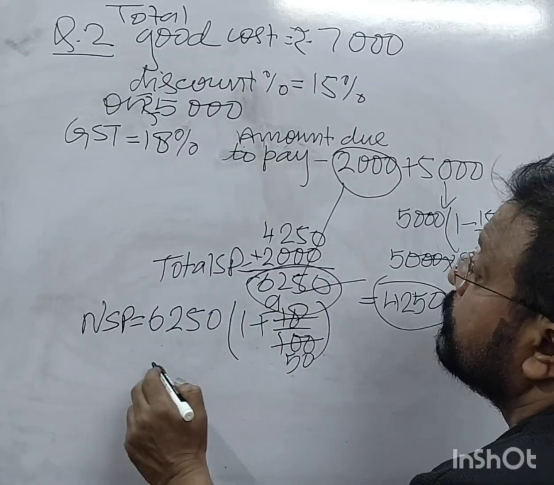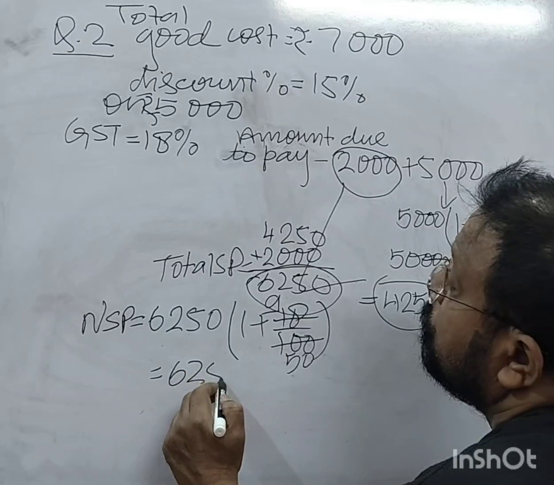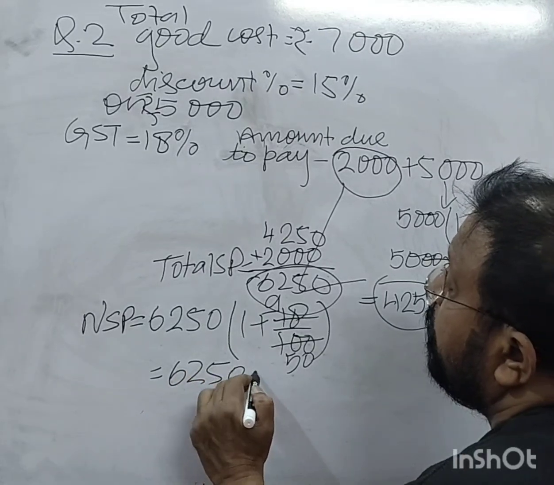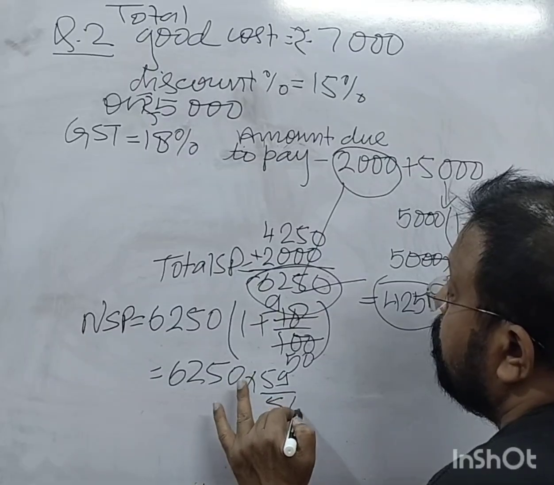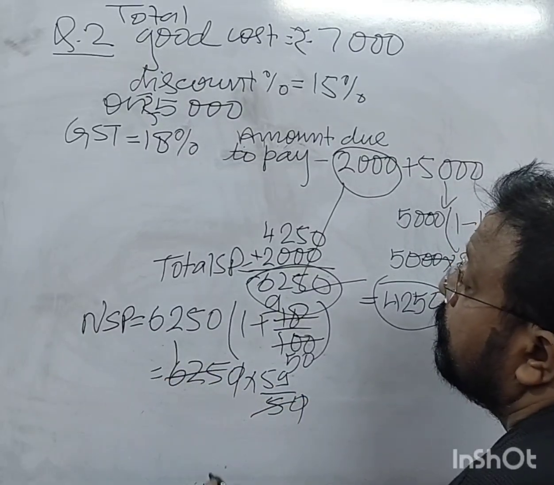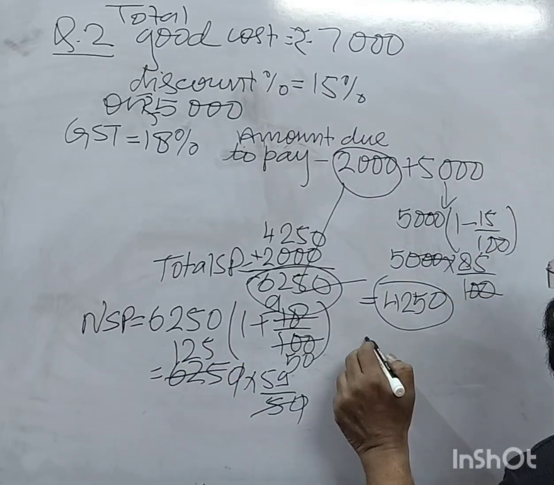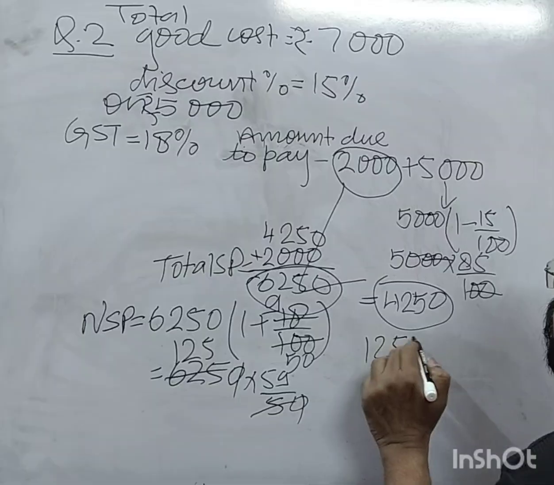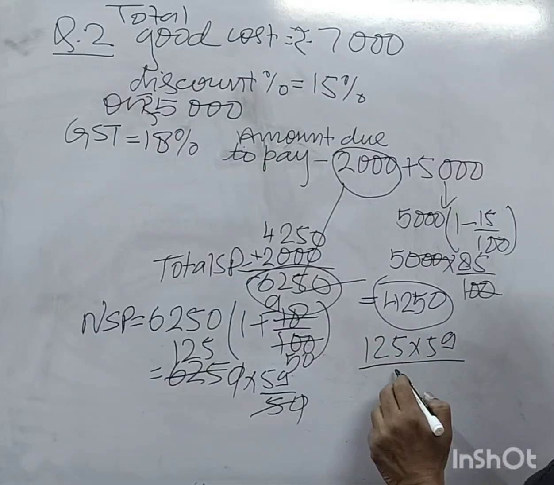So it is 6250 into 59 upon 50, right? This 0 and this 0 is cancelled and it is 125, right? So 125 into 59, how much you get?